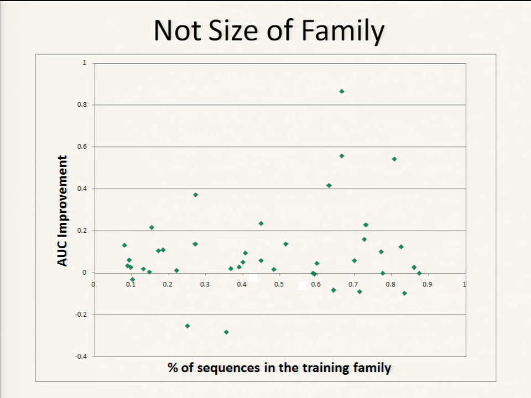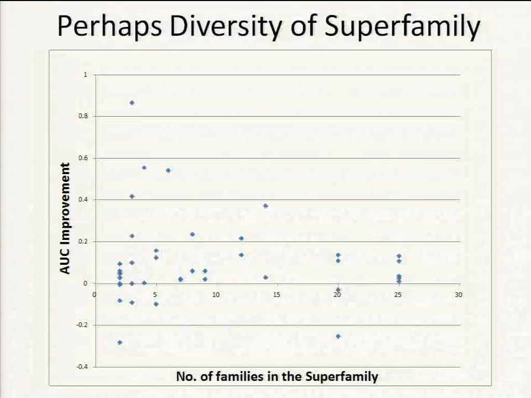We looked at the size of families and plotted it, and didn't observe any correlation. Diversity of a family, that is the number of leaves in the family tree, showed some correlation. When the diversity is higher, the improvement is lower.